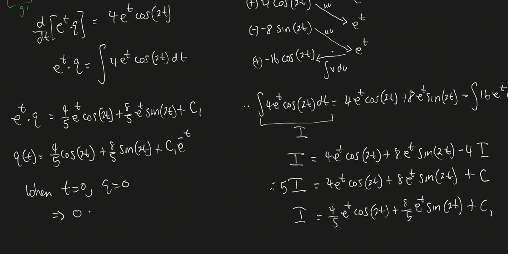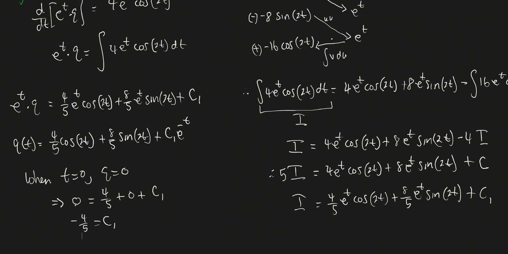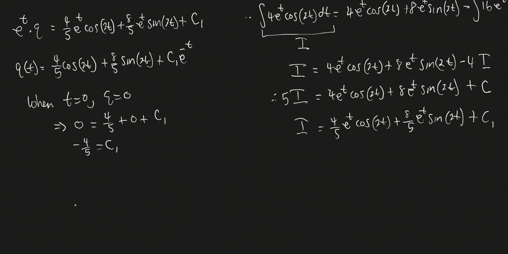We got 0 there is equal to cosine of 0 is 1, so we have 4/5. The sine of 0 is 0, so that goes away. And then, of course, e to the 0 is 1, so I have c1. So then my c1 is negative 4/5, right?